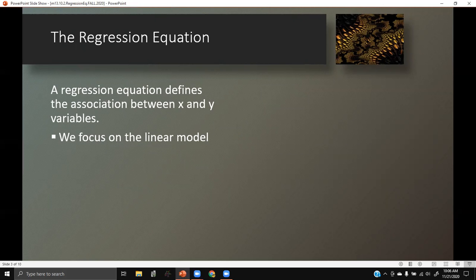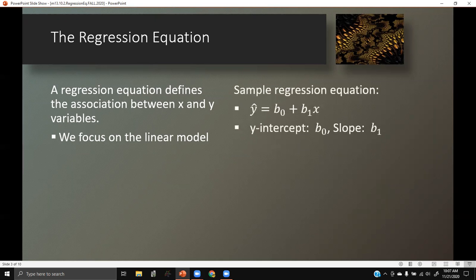And this really riffs right off your y equals mx plus b detail that you encountered in your algebra courses. The notation, though, is a bit different. When we take a sample x and y data set, and we do the regression equation, we'll use y hat equals b naught plus b1x.